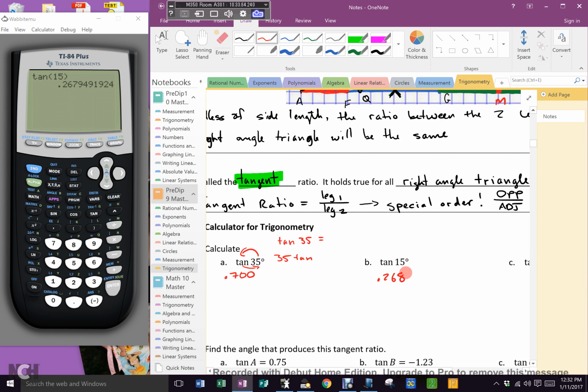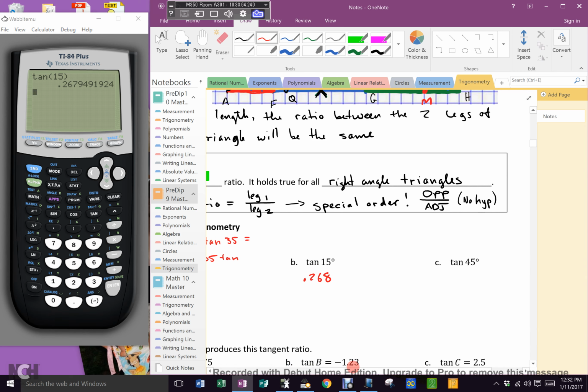We like 3 decimal places, right? I got 0.267. You got 0.2679, which is 0.268. And tan 45? 1. Everybody got it?